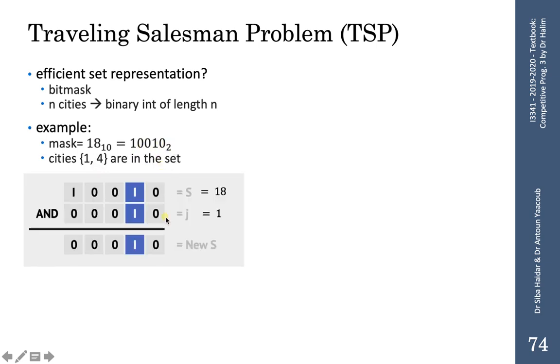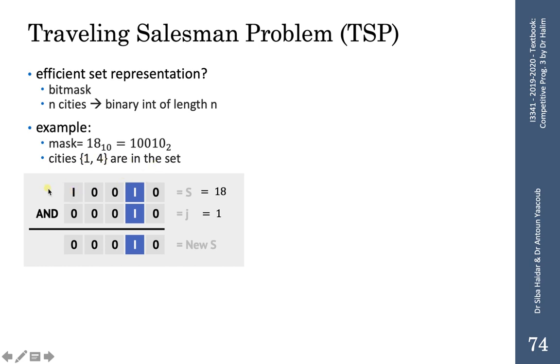It indicates that the cities 1 and 4 are in the set. We can use this bit mask to represent that city 0 is not in the set, because at index 0 the value of the bit is 0, at index 1 the value of the bit is 1, index 2 is 0, 3 is 0, and the fourth is 1. So 1 and 4 are in the set.